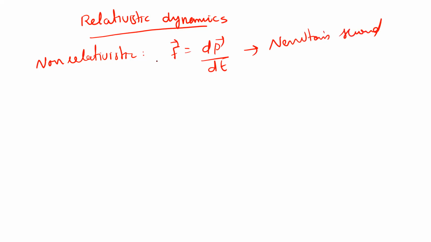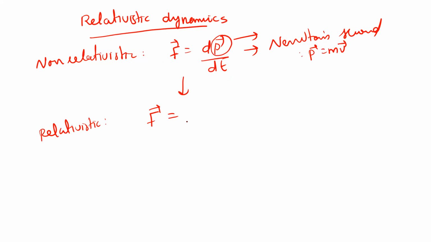The thing for relativity is that it obeys the same evolution equation. It obeys Newton's second law exactly in this form, only if you substitute p vector by the corresponding relativistic momentum. This is non-relativistic, and here p is equal to mv.